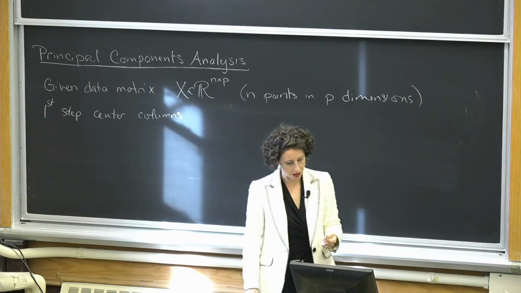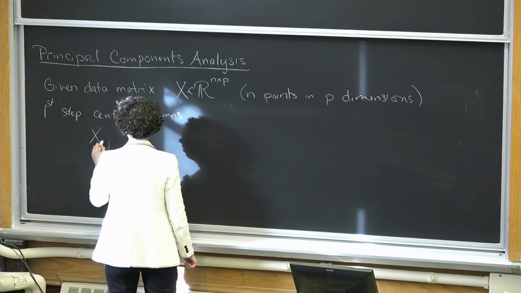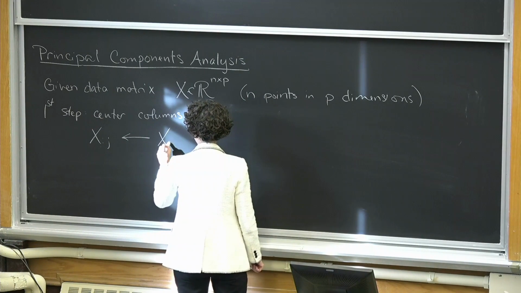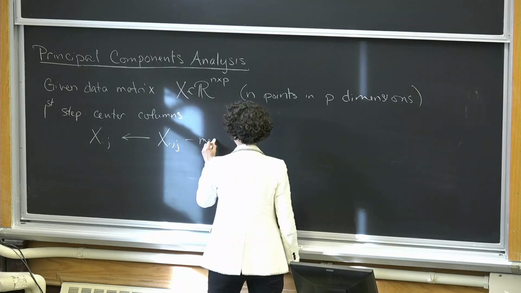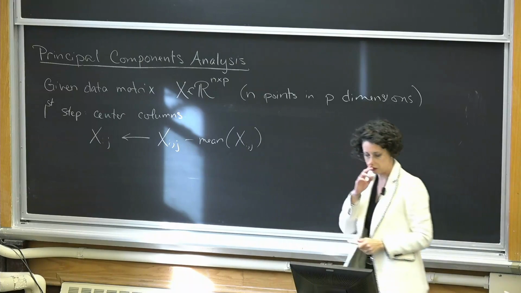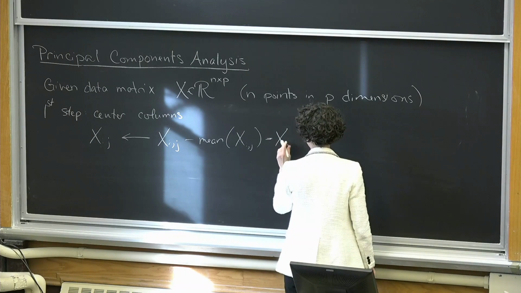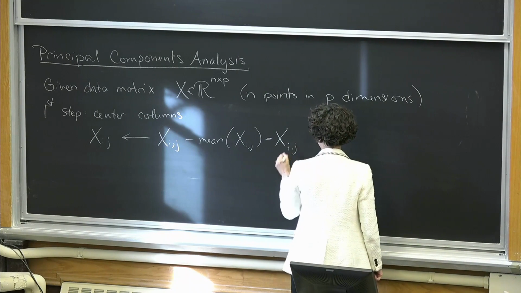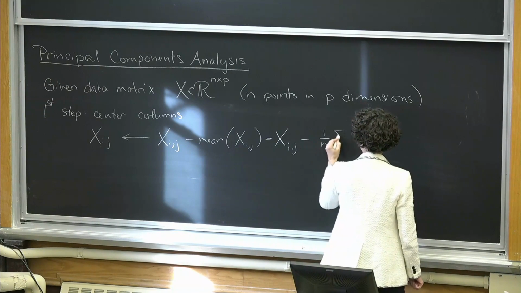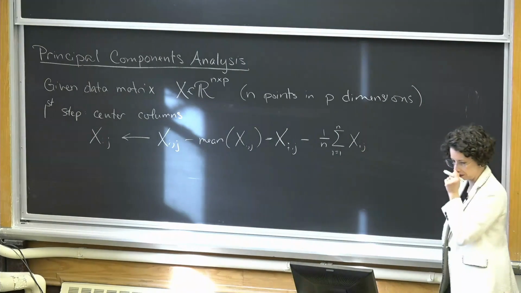Basically, we are going to take the jth column and subtract off its mean. So x colon j minus the mean of all of the entries of x colon j. To be really concrete, x colon j minus 1 over n, sum from i equals 1 to n, x i j, like that.